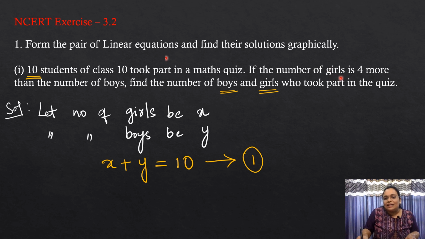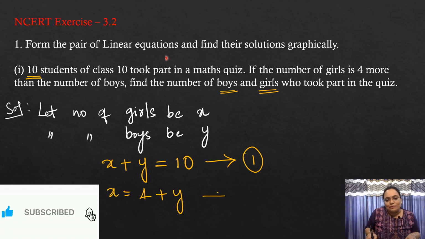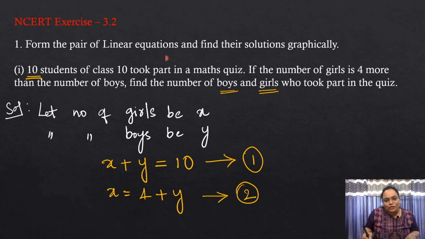He says girls are 4 more than the number of boys. Girls are X, so X is equal to 4 plus the number of boys Y. So this will be X is equal to 4 plus Y. This will be your equation number 2.